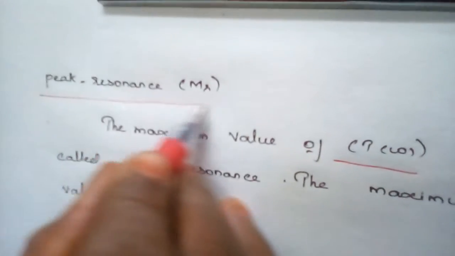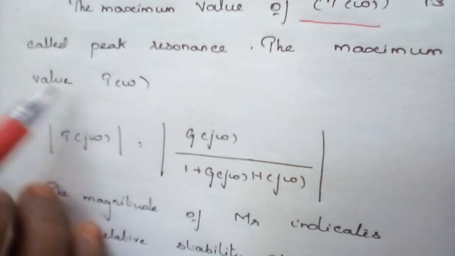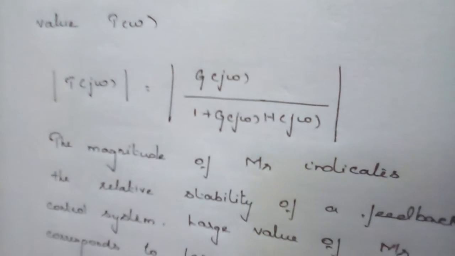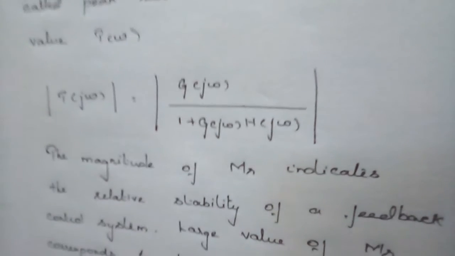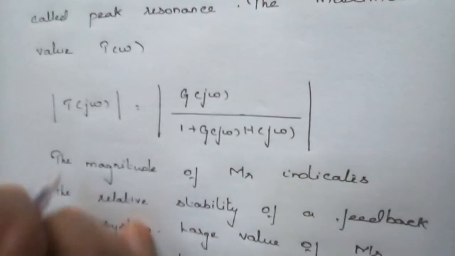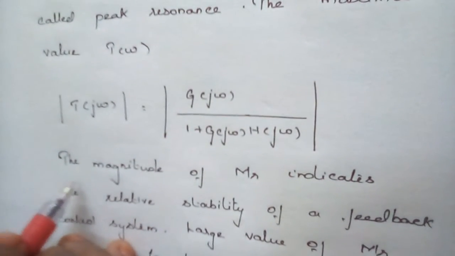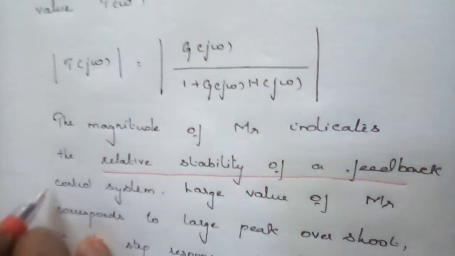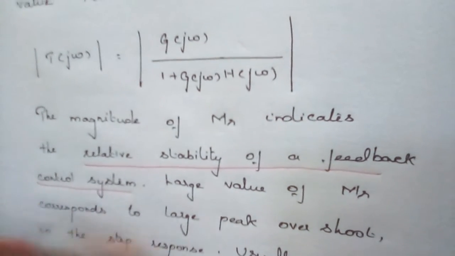The maximum value of T of j omega is called the peak resonance, and it is represented by the notation MR. The magnitude of MR indicates the relative stability of the feedback control system. That means the magnitude determines the relative stability.